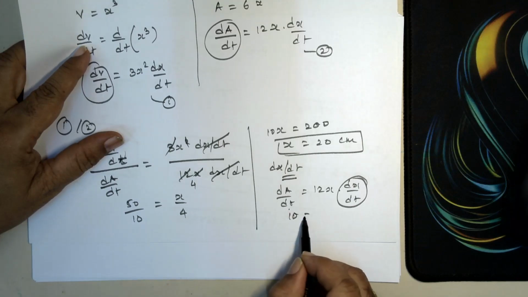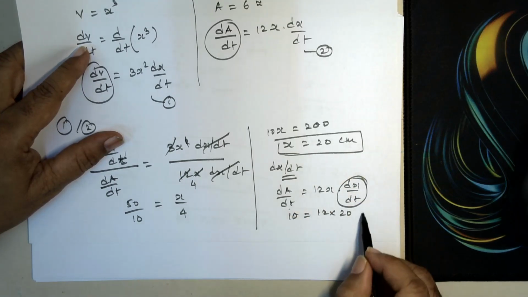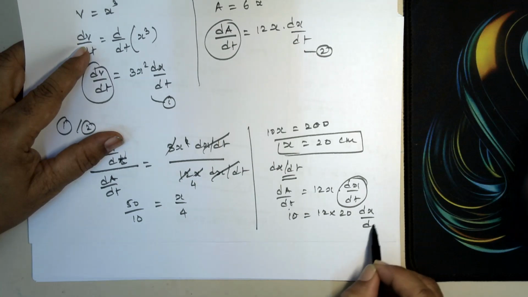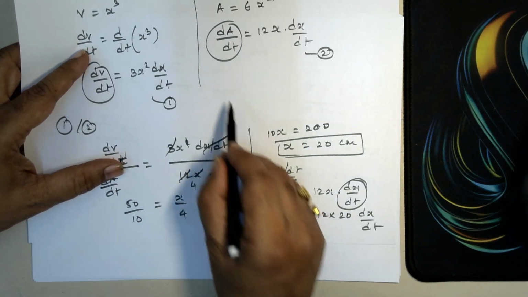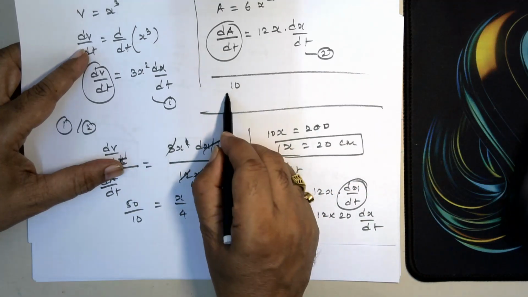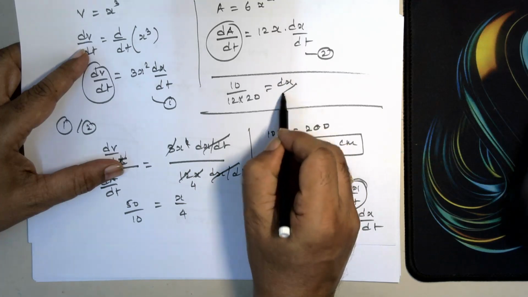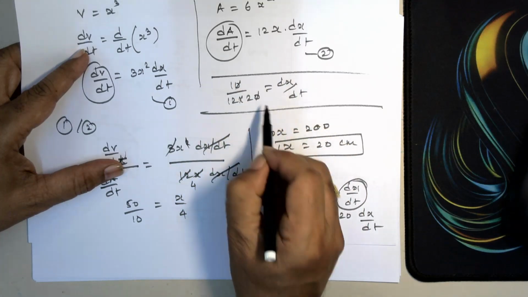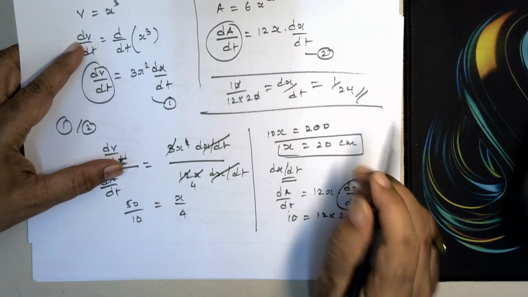So 10 is 12 into 20, and then dx by dt. So therefore, 10 divided by 12 into 20 is equal to dx by dt. So 0, 0 cancel. So it means 1 by 24.